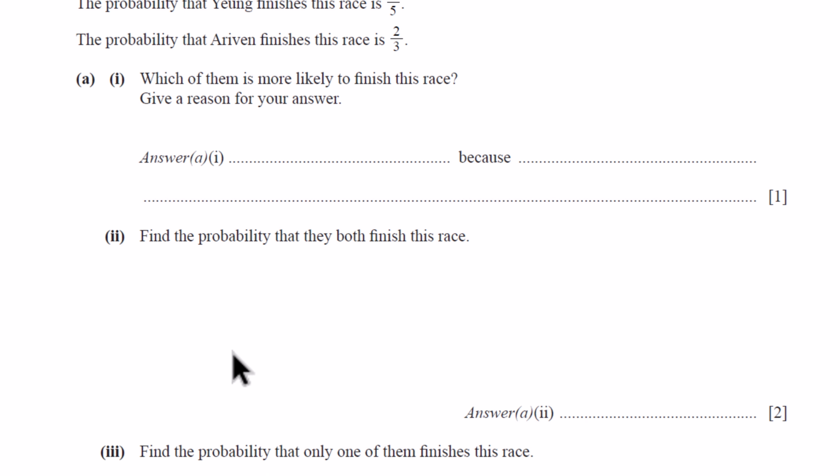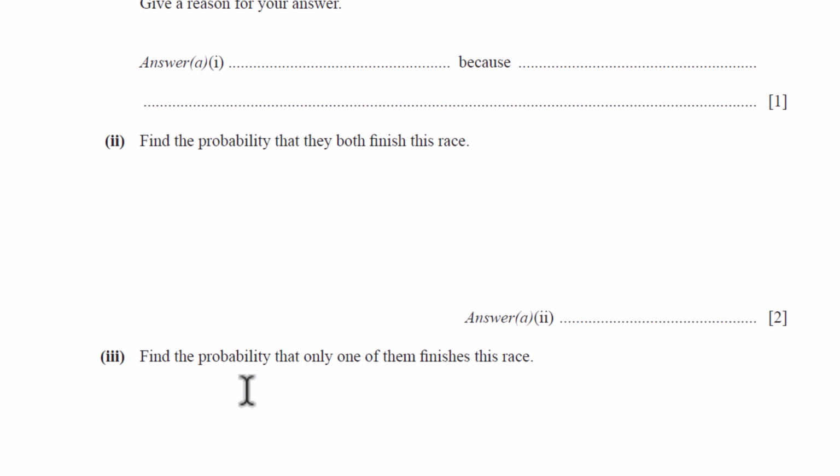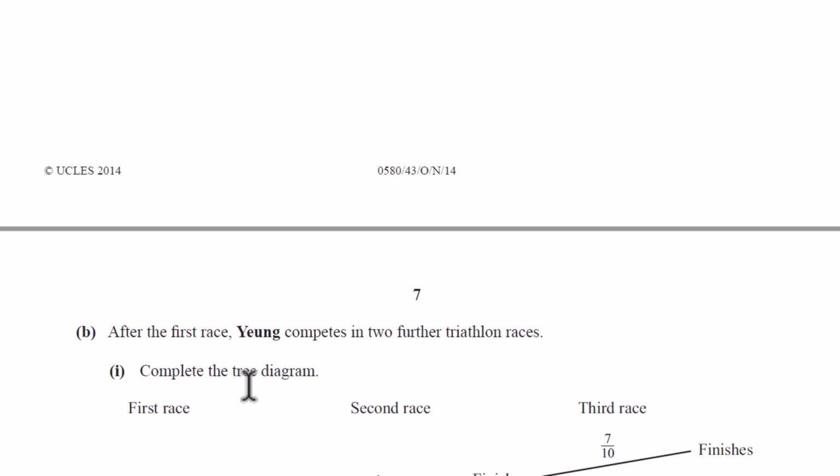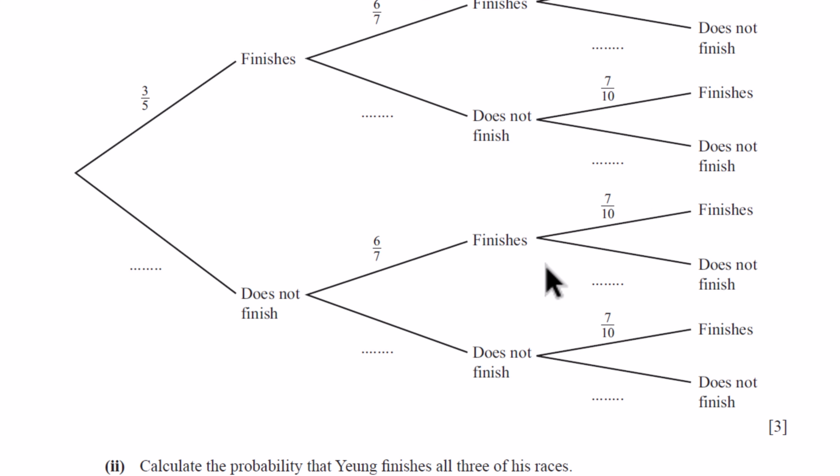But then let's see other parts of the question. They also said find the probability that only one of them finishes this race. And another part of this question gives us a tree diagram. We are asked to complete this. This is basically simple to do.